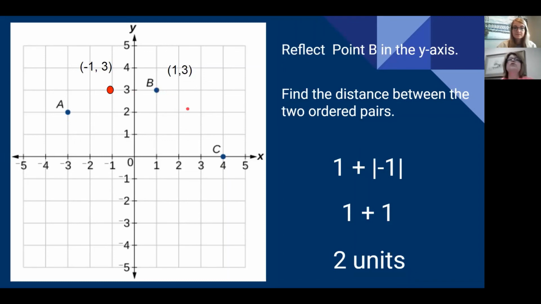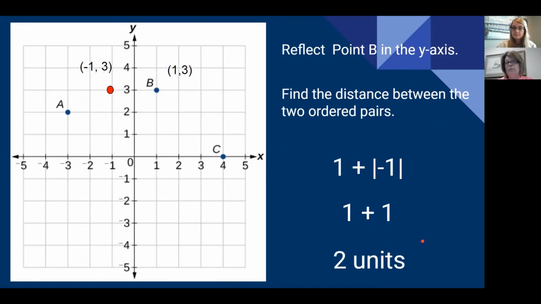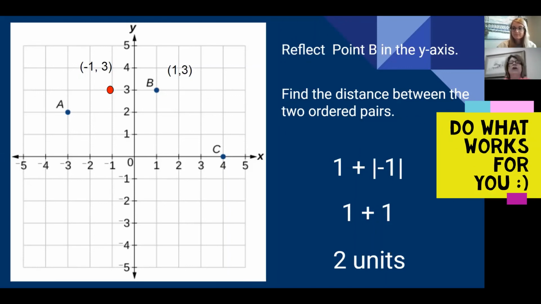But if you don't have a coordinate graph there and someone gives you just 2 ordered pairs, then you can use this mathematical way to do it. Or I don't think Mrs. Zimmerman and I would be opposed to you graphing it and then figuring it out. No way. We're just trying to show you 2 different ways to find the distance between 2 ordered pairs.